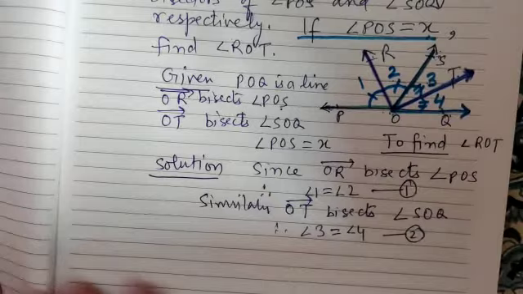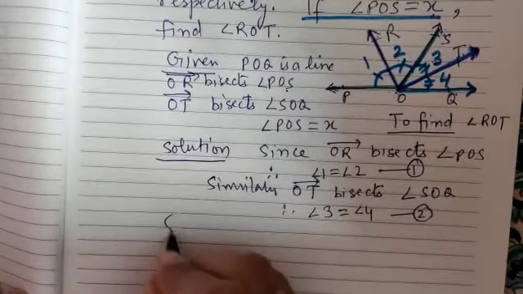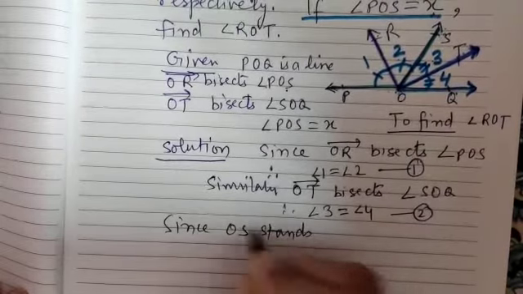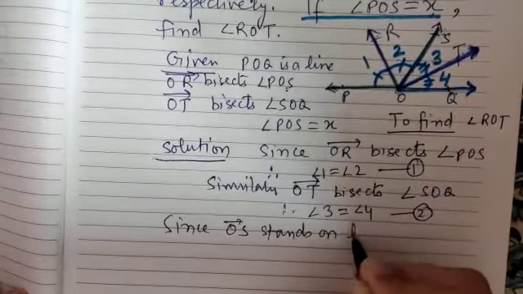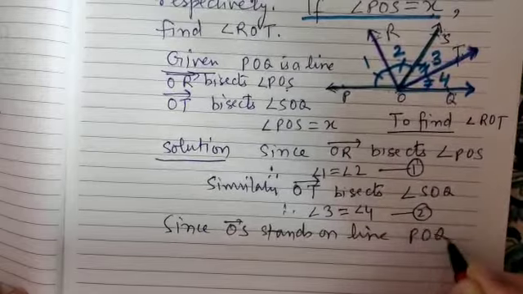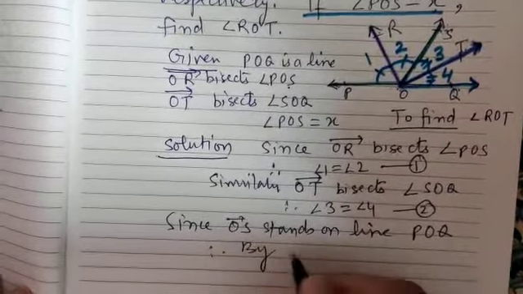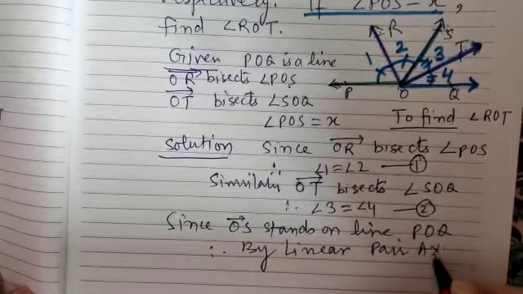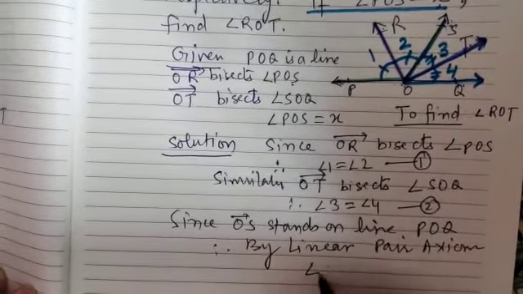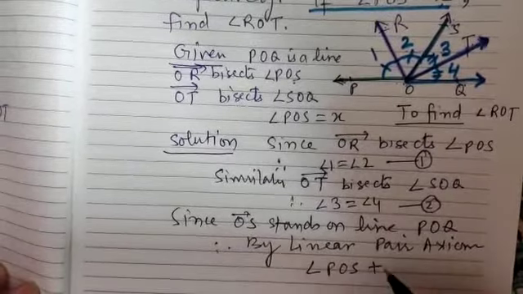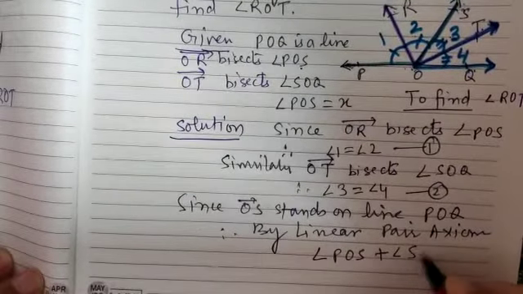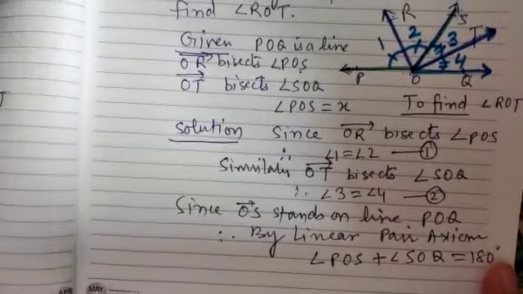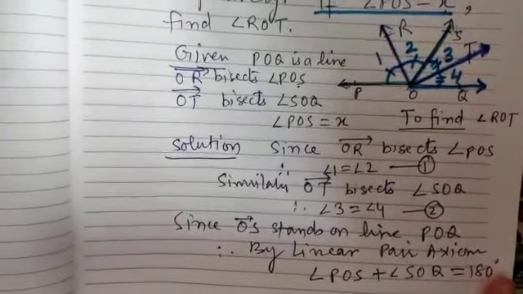So by linear pair axiom, write down, since OS stands on the line POQ, therefore by linear pair axiom, angle POS plus angle SOQ is equal to 180 degrees. Is it clear up to this point?